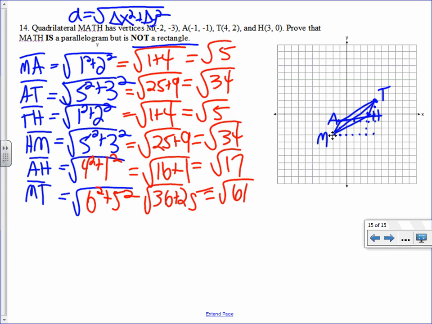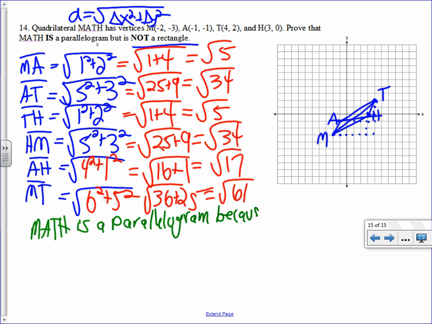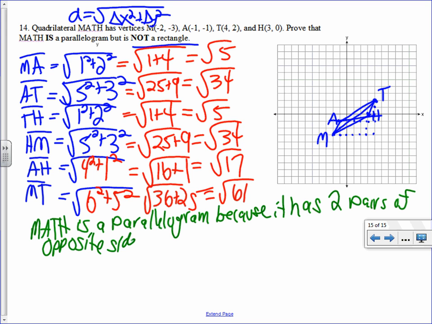So, MATH is a parallelogram because it has 2 pairs of opposite sides congruent. You have to know to prove a parallelogram it has 2 pairs of opposite sides congruent. So tell me what they are.